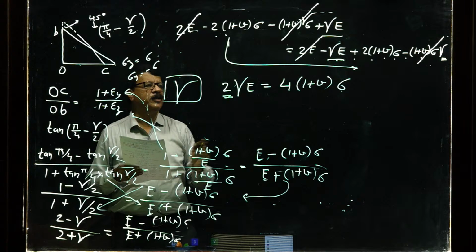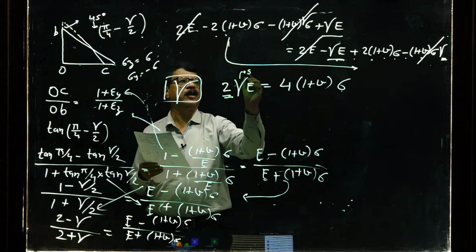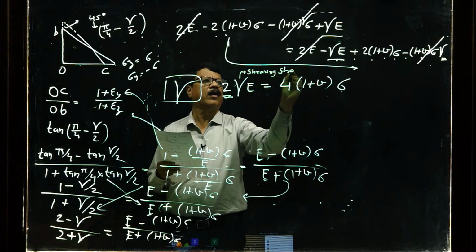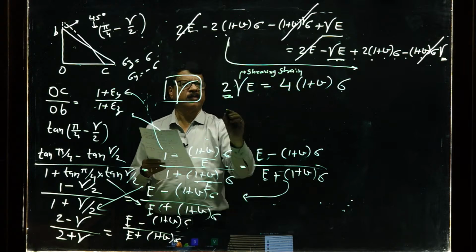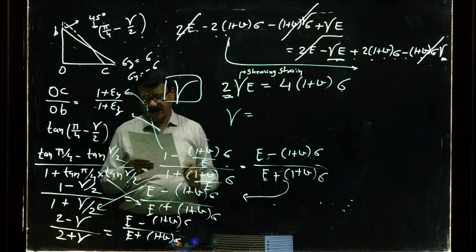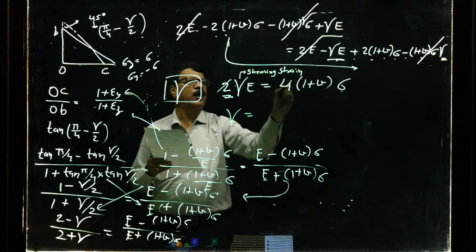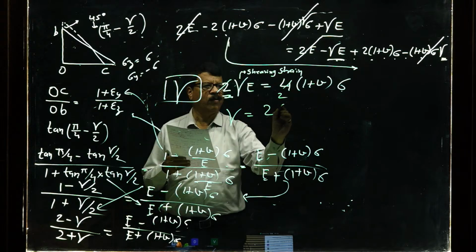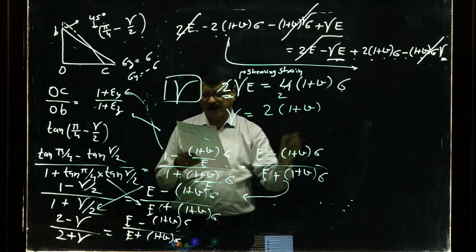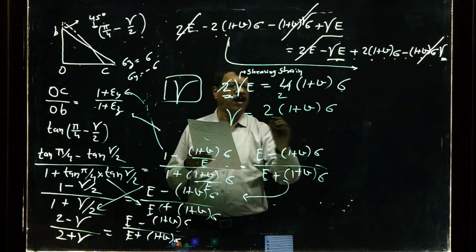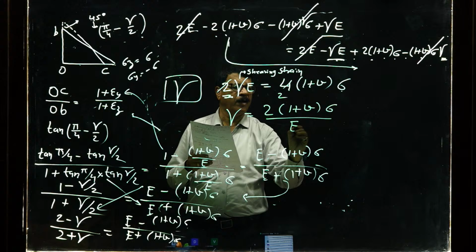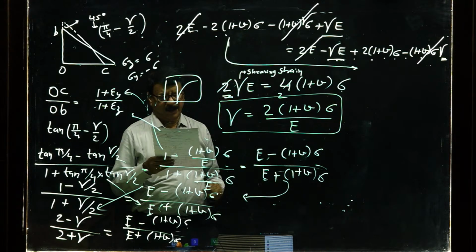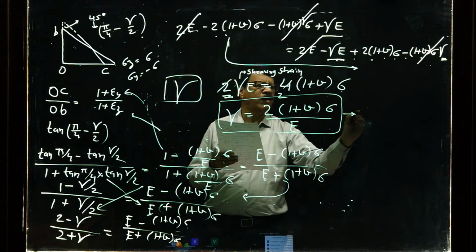This is called the shearing strain. This is shearing strain. So this is equal to 2 into 2 (1 plus Poisson's ratio) sigma upon E. This is equation number 4.